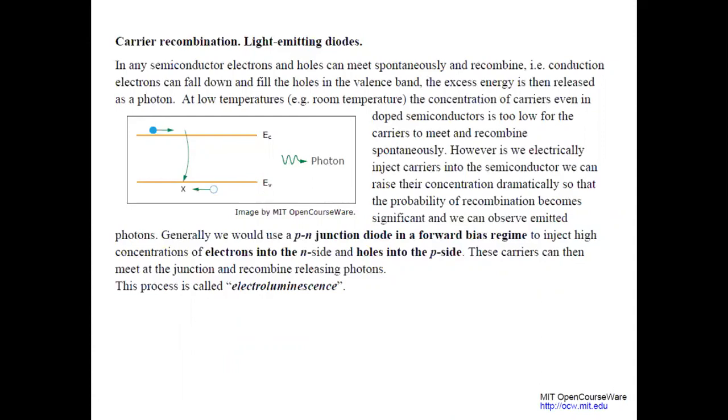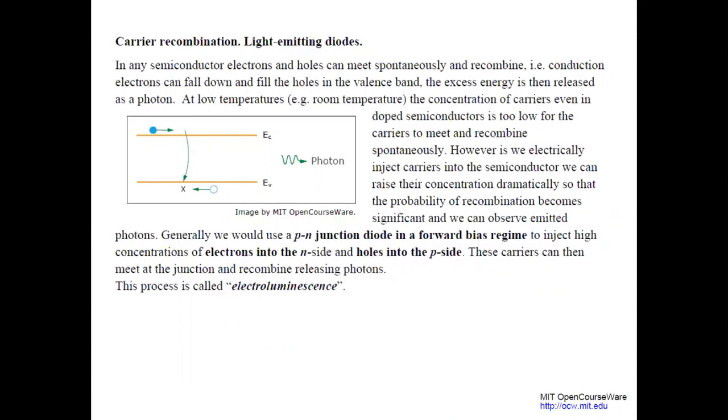At low temperature, the concentration of the carriers, even in a doped semiconductor, is too low for the carriers to meet and recombine spontaneously. However, if we electrically inject carriers into the semiconductor, we can raise their concentration dramatically so that the probability of recombination becomes much higher.